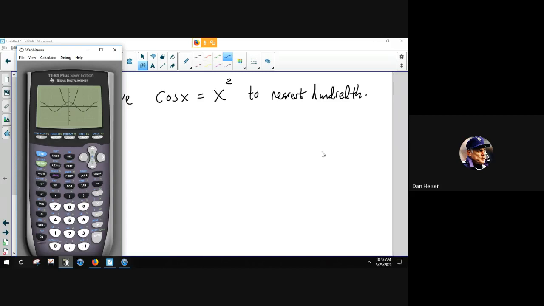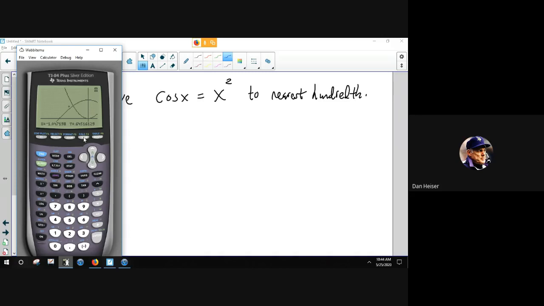And I see 2 points of intersection. Let me zoom in on those. Now I can use my zoom tool. Zoom in on this spot right here. This is pretty much how we can solve this equation.